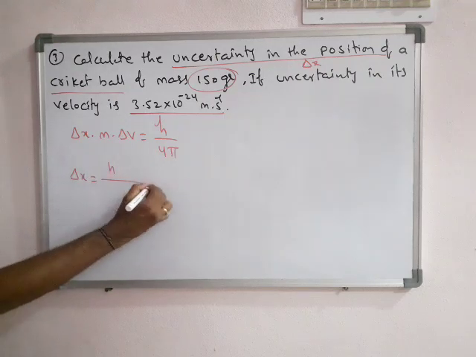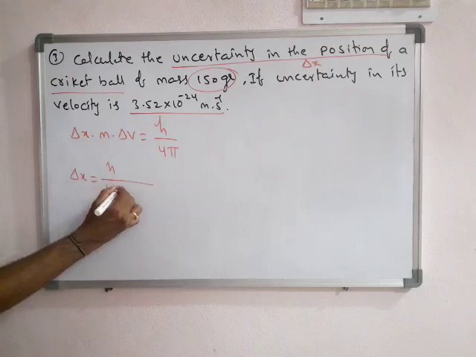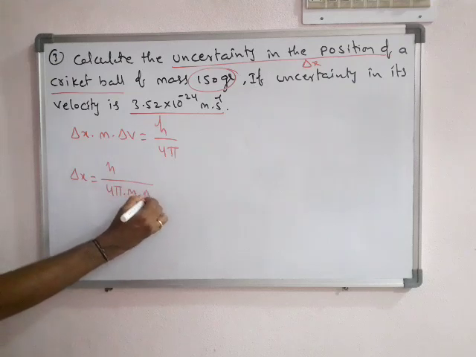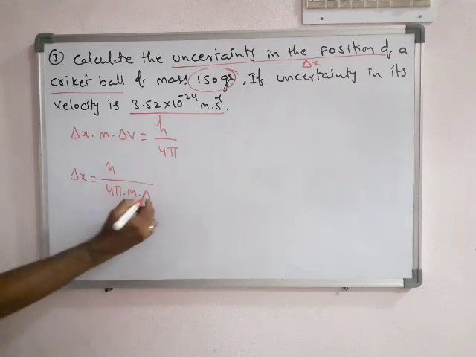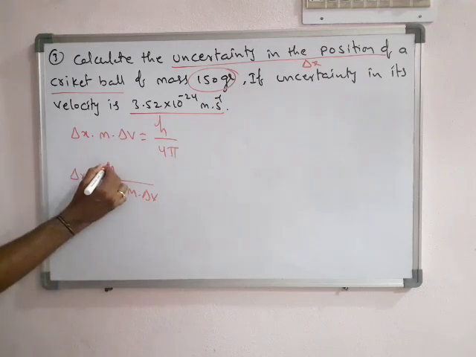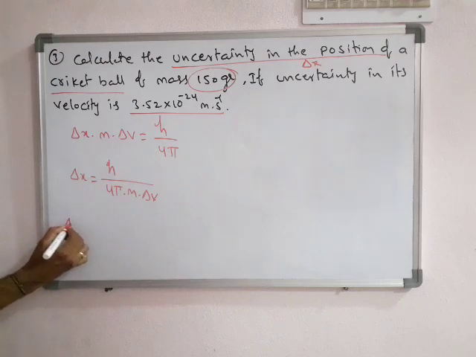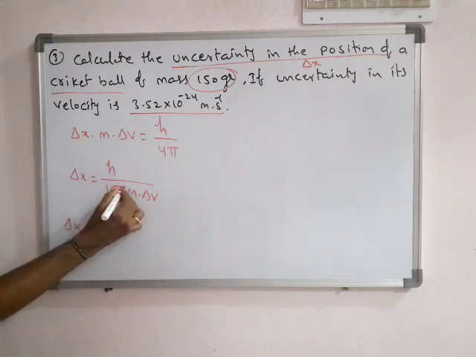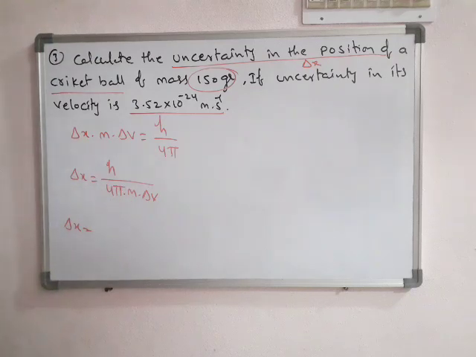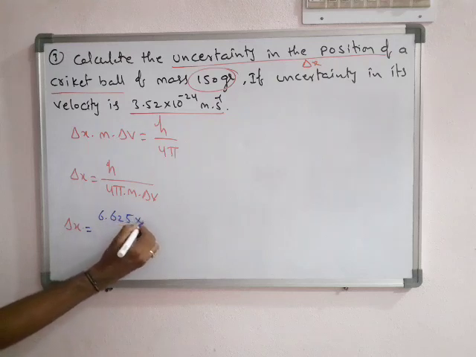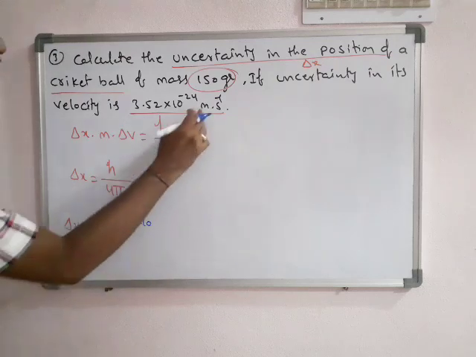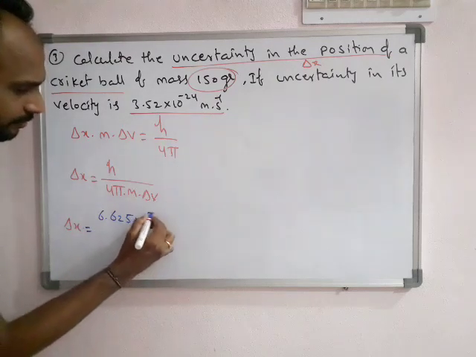Here we need to calculate delta x. Delta x equals h by 4 pi m into delta v. Now substitute the values. So delta x equals 6.625 into 10 power minus 34, and meters per second is given.